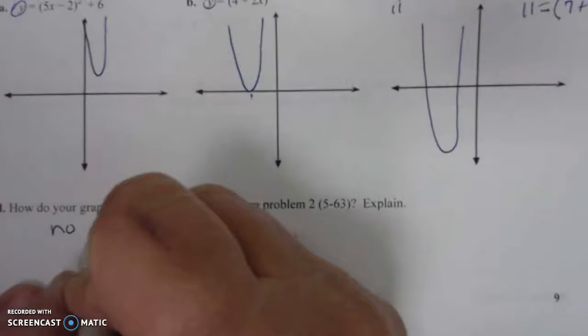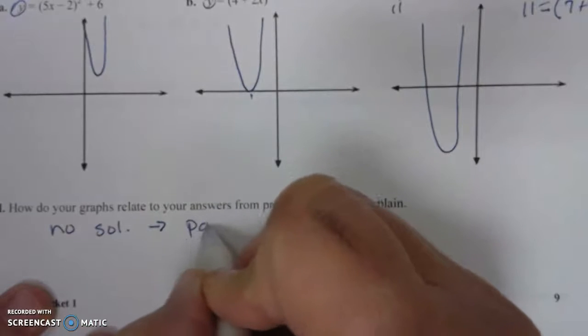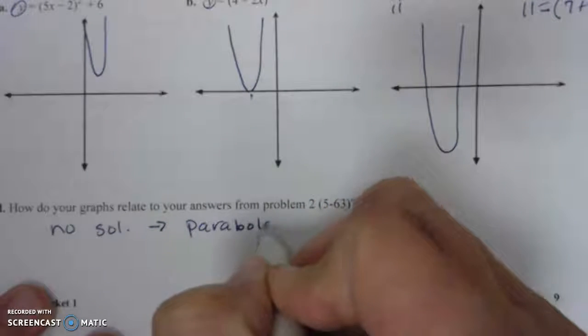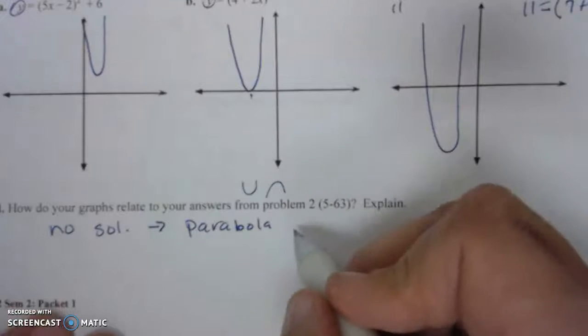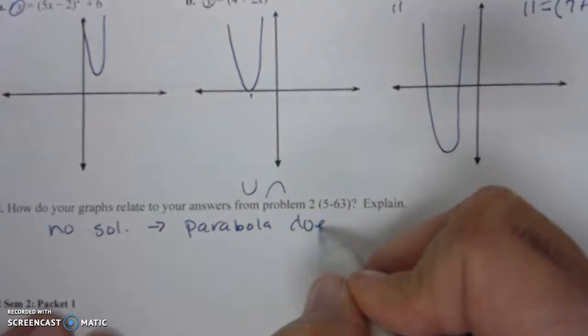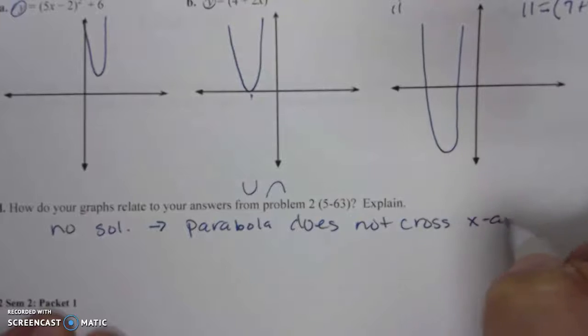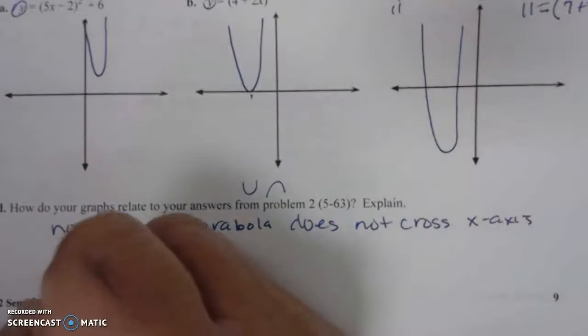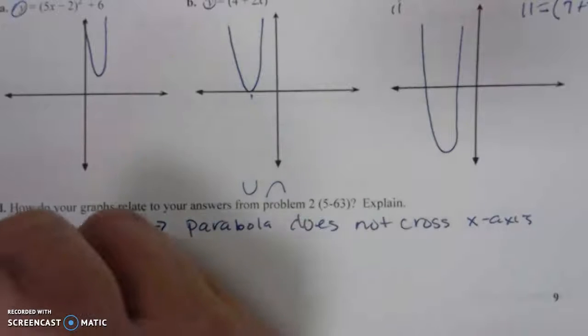So no solution means that the parabola, the little shape that's either a U shape going up or down is called a parabola, does not cross the x-axis. Okay, one solution. What does that mean? And that, remember, that's a 0.